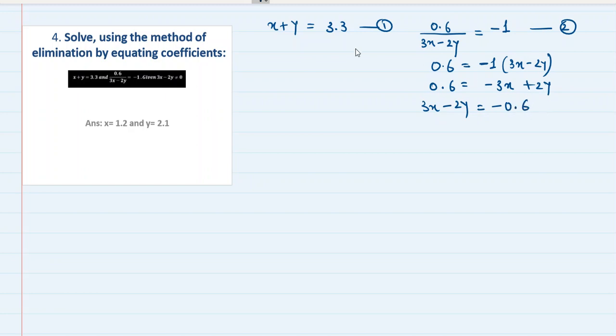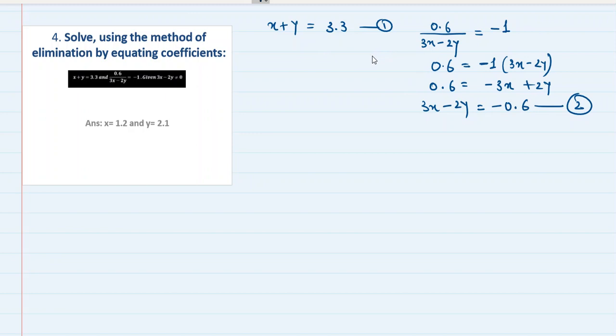I'm going to give this one equation number 2. So I've got x plus y is equal to 3.3 and 3x minus 2y is equal to minus 0.6, and I have to solve this by using the method of elimination by equating coefficients.